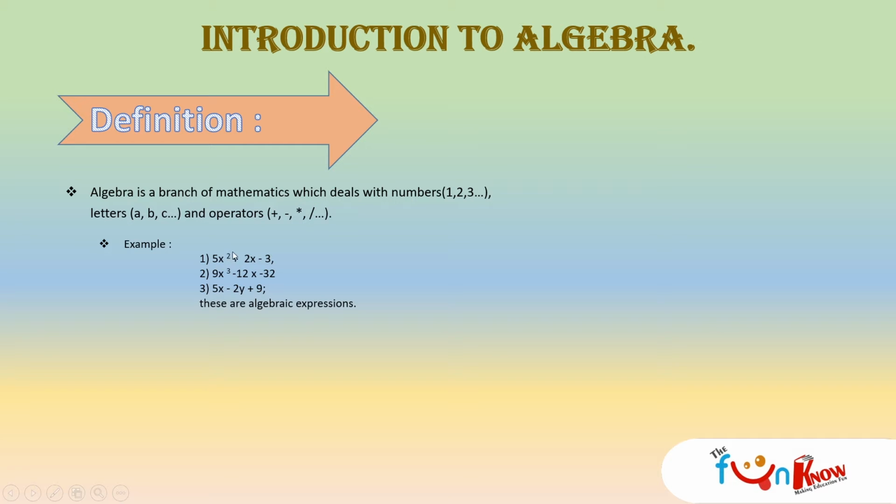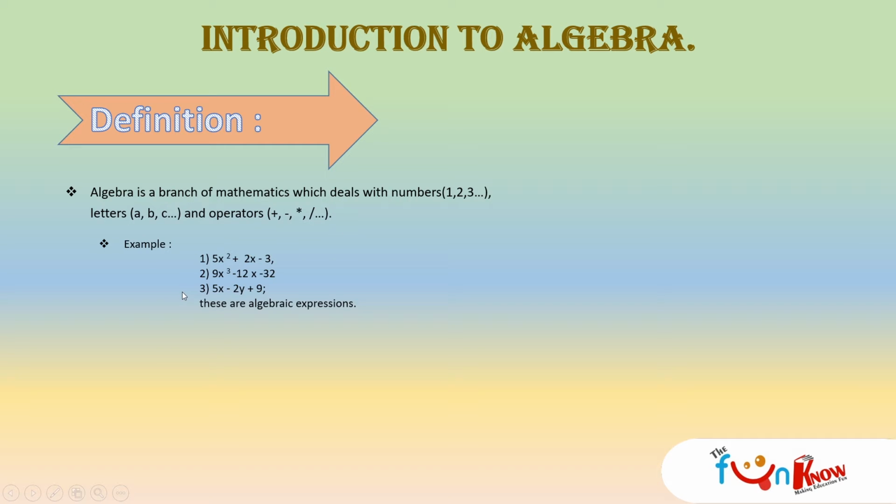You remember, students, this will be known as square. So 5x square plus 2x minus 3, this one expression includes number, includes letter, includes operator. So this is known as an algebraic expression.